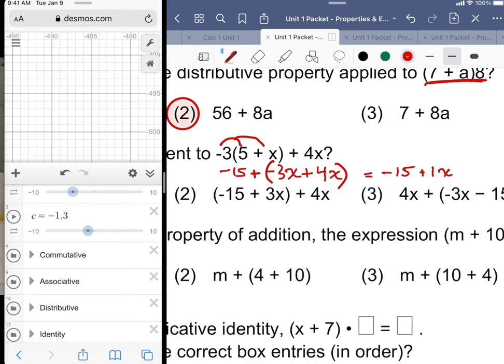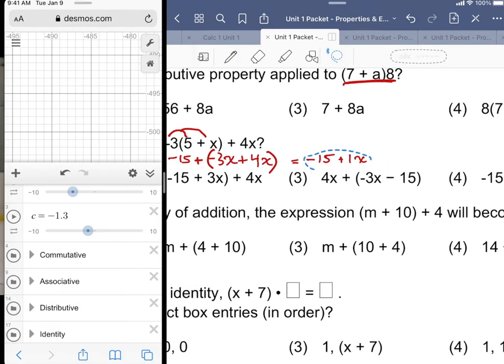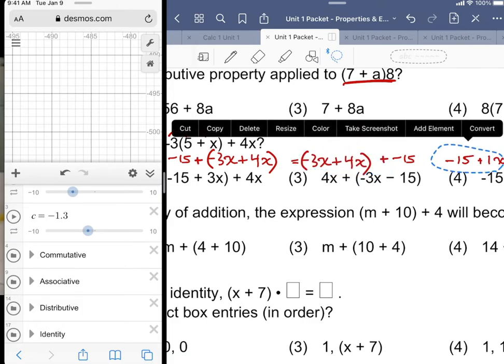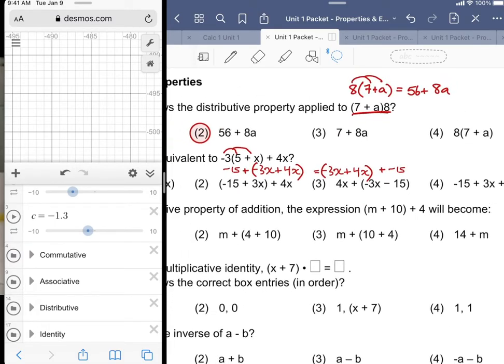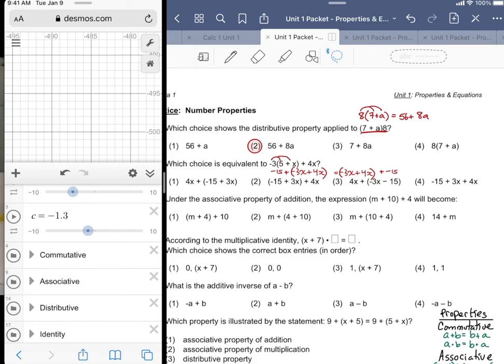All right, so what we did was we simplified, but maybe all they're looking for us to do is apply the commutative property where we would just swap the order. So negative 15 at the end, but the expression in parentheses coming first. Maybe they wanted us to do something like that. So now I'd look for that expression if that's available. All right. It kind of sort of is.